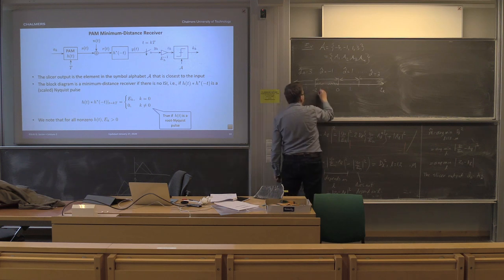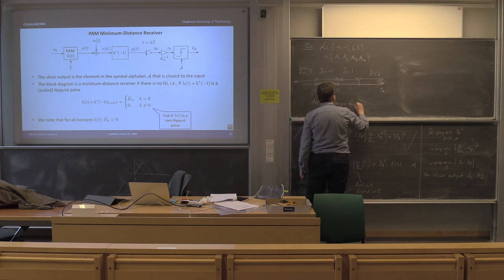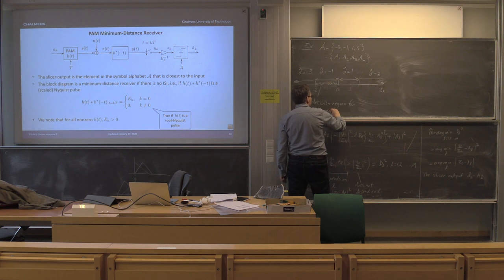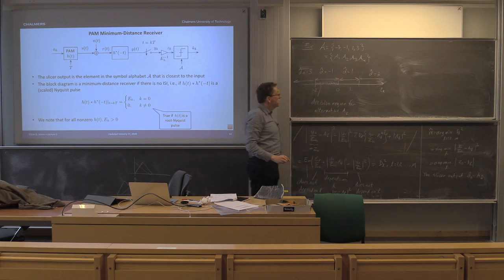So this is also known as the decision region for alternative A. Okay, so this happens to be A2, in this case.